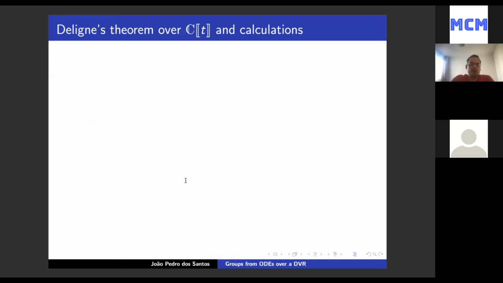Now we move on to Deligne's theorem over C((T)), which is more or less the objective of this talk. I work over C((T)), and I take X smooth and proper.